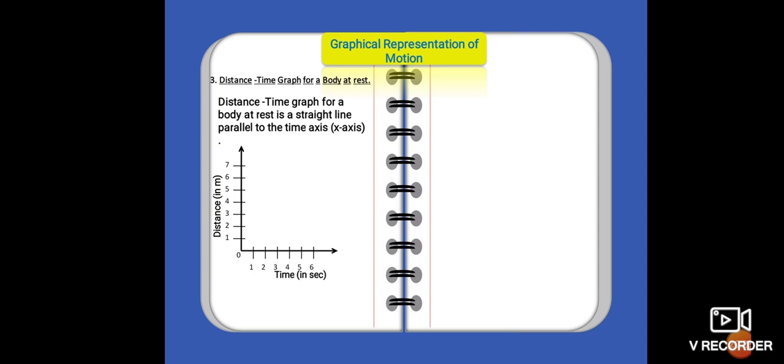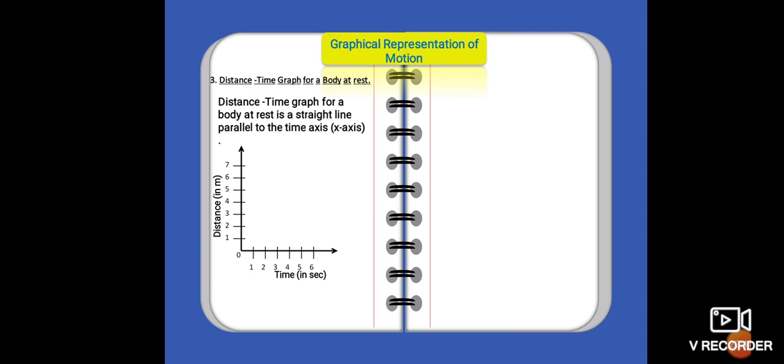And we take distance in vertical axis and time in horizontal axis. और यदि कोई बॉडी रेस्ट में है यानी कि वो डिस्टेंस ट्रेवल नहीं कर रही है तो डिस्टेंस कांस्टेंट हो गया है बट टाइम पास होते जा रहा है.